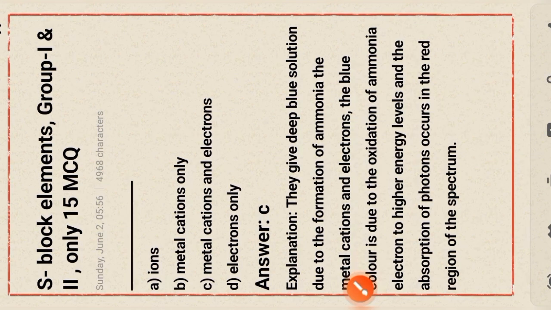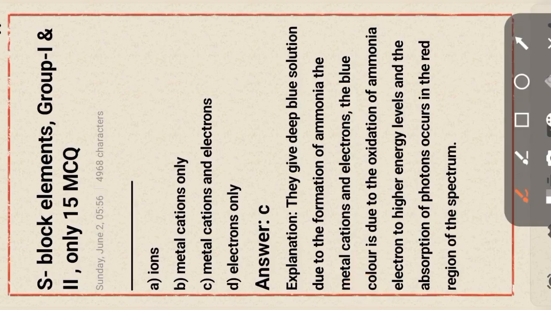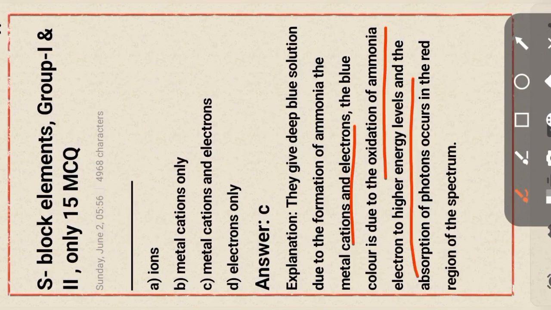They give a deep blue solution due to the formation of ammoniated metal cations and electrons. The blue color is due to the excitation of ammoniated electrons to a higher energy level and the absorption of photons occurs in the red region of the spectrum.